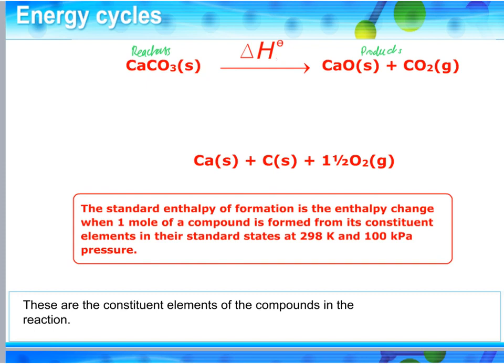So the elements present in the reactants are calcium, down here at the bottom, and carbon, and also 1.5 moles of oxygen gas, which is equivalent to 3 atoms of oxygen. Notice that the elements present in the reactants are also present in the products. There's your calcium atom, and there's 1, 2, 3 atoms of oxygen and an atom of carbon.